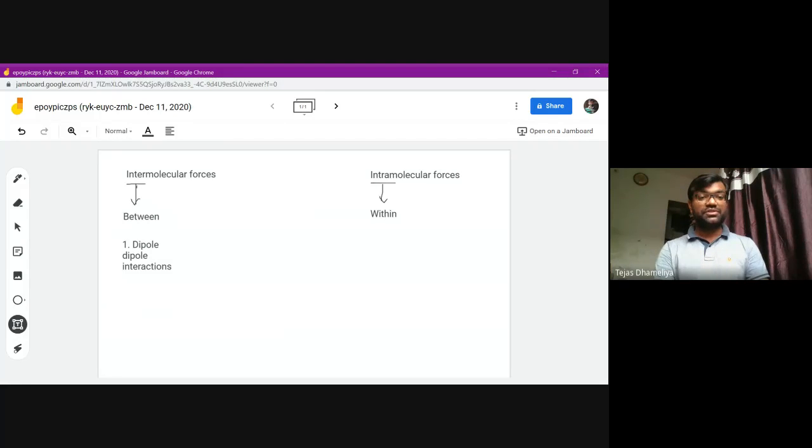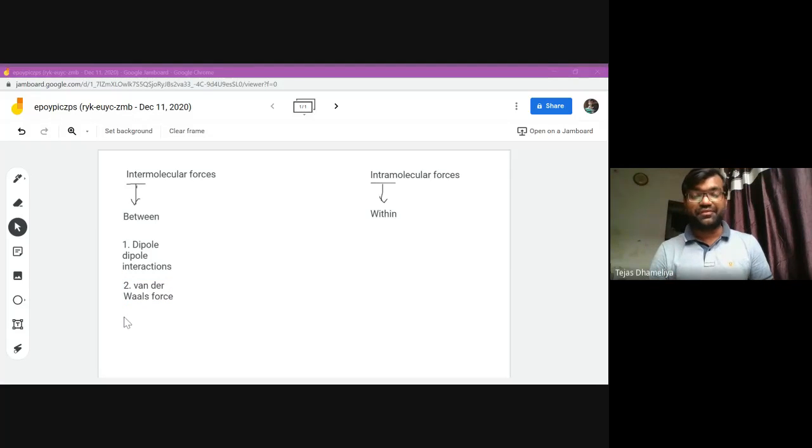Another kind of force after this is called van der Waals force. So van der Waals force is the second type of intermolecular force that can exist between the molecules.